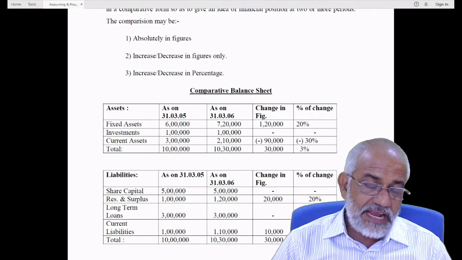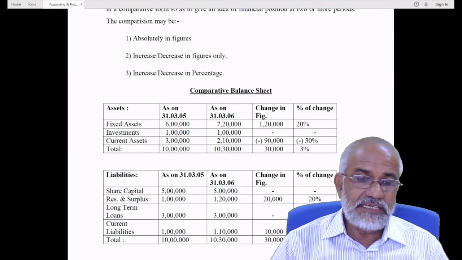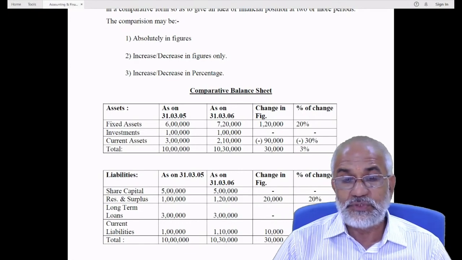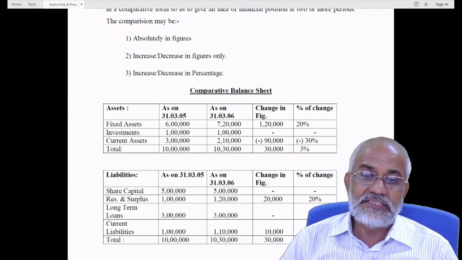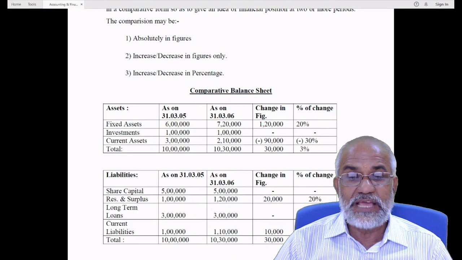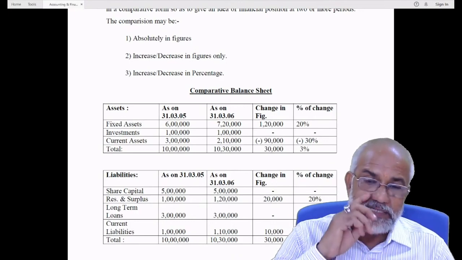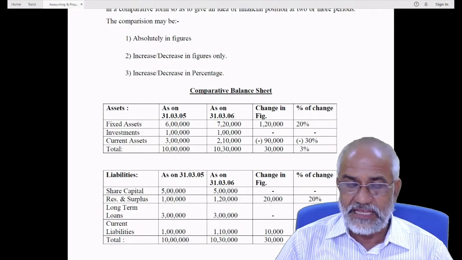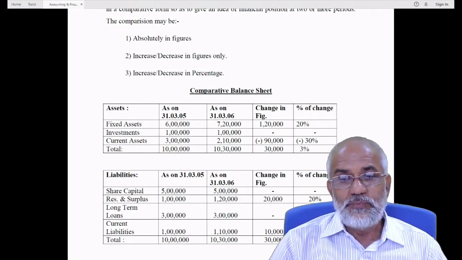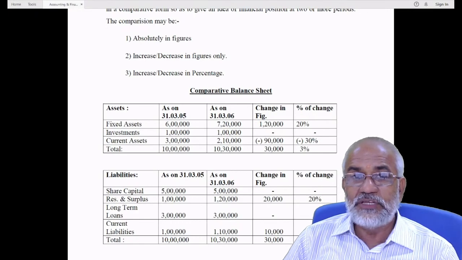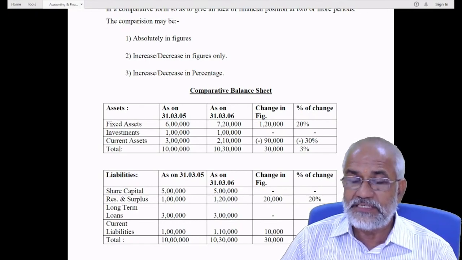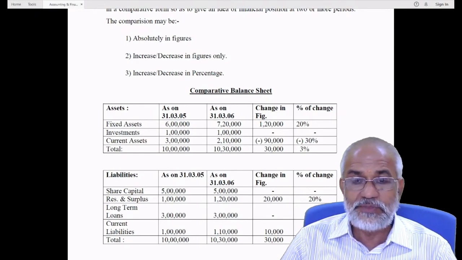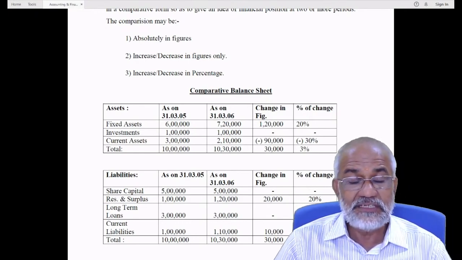Then the third and last item under the asset category is current assets, which is 3 lakhs as of 31st March 2005. And as of 31st March 2006, it is 2,10,000. That means there is a reduction of 90,000 under the head current assets. So the absolute change in figures would be negative 90,000 because it is reduced from 3 lakhs to 2,10,000 in the second year.